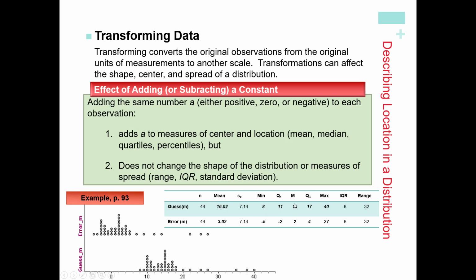Q1 changes, median changes, Q3 changes, maximum changes. The IQR stays the same. The range stays the same. The standard deviation stays the same. The mean does change. So those measures of center definitely change. The measures of spread definitely do not change when we're just adding or subtracting.